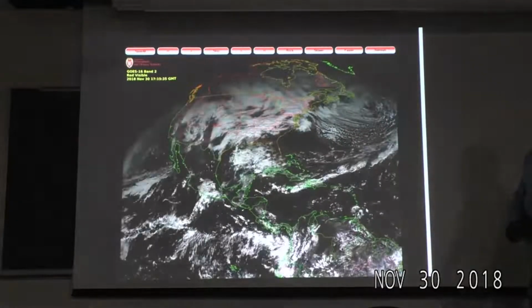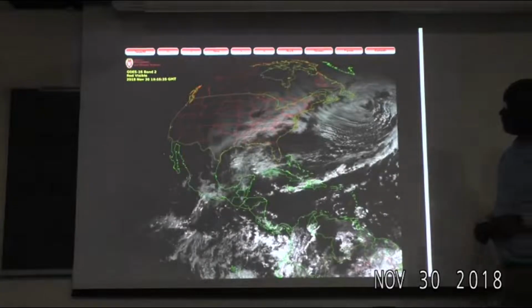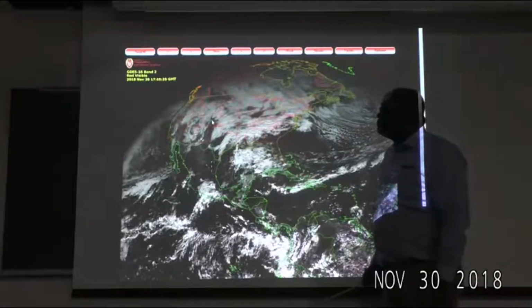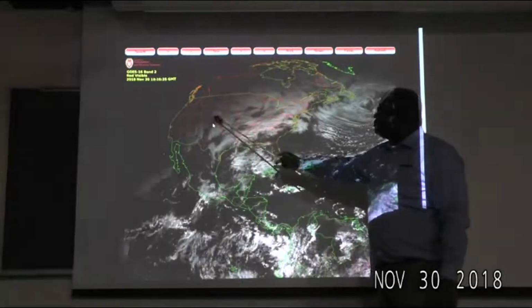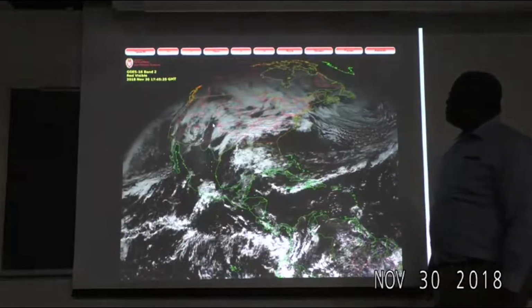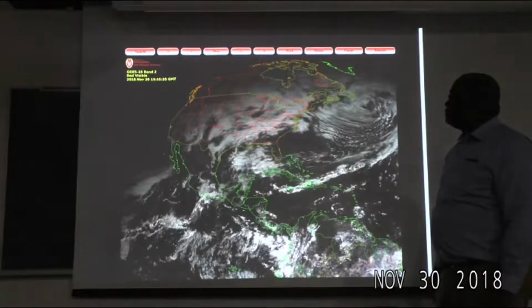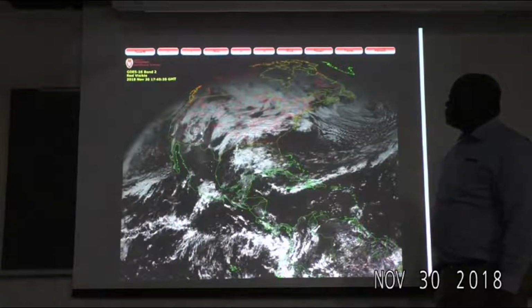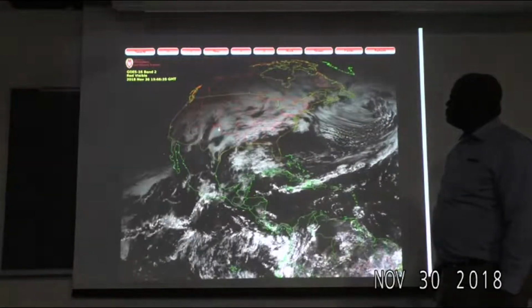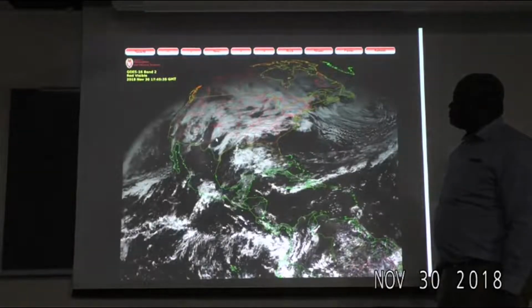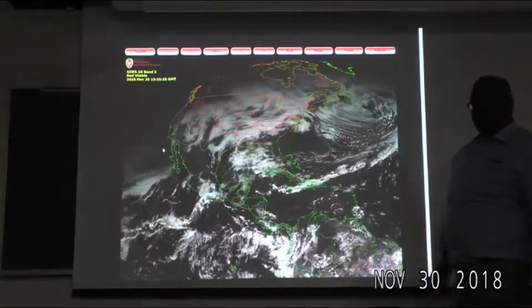I want to point something out. If you look in Colorado, you can see the dry line. This is a classic example of this Martin, Locatelli and Hobbs dry line coming off the mountains. You can see the precipitation forming over western Oklahoma and Kansas, and there's a low sitting now right in southern central Colorado.